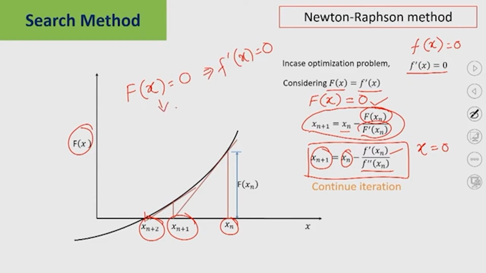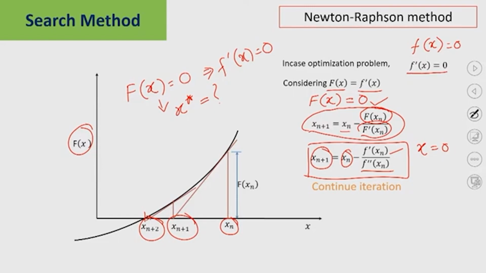Whatever solution you get will be the stationary point. So, I can apply this Newton-Raphson method also for finding the optimal solution of a single variable function.